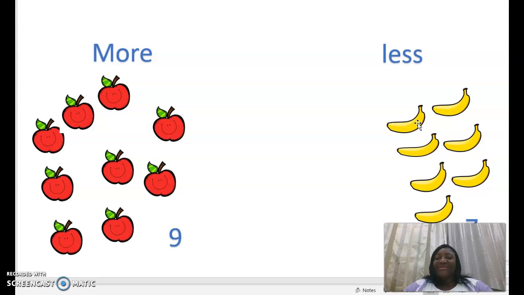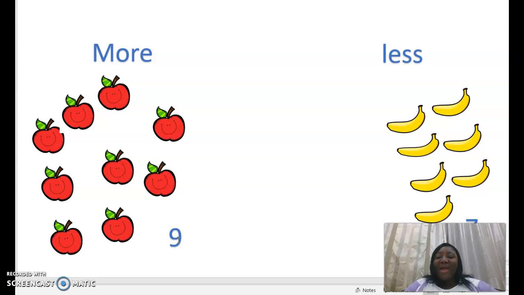And how was I able to tell that? I can tell which group is more when I look at both groups and one group has a larger number than the other group. So in my example this morning, my apples have got more in amount. My bananas have got a smaller amount. My apples have the number 9, which is more, like we used to do in class, than the number 7, which is less.